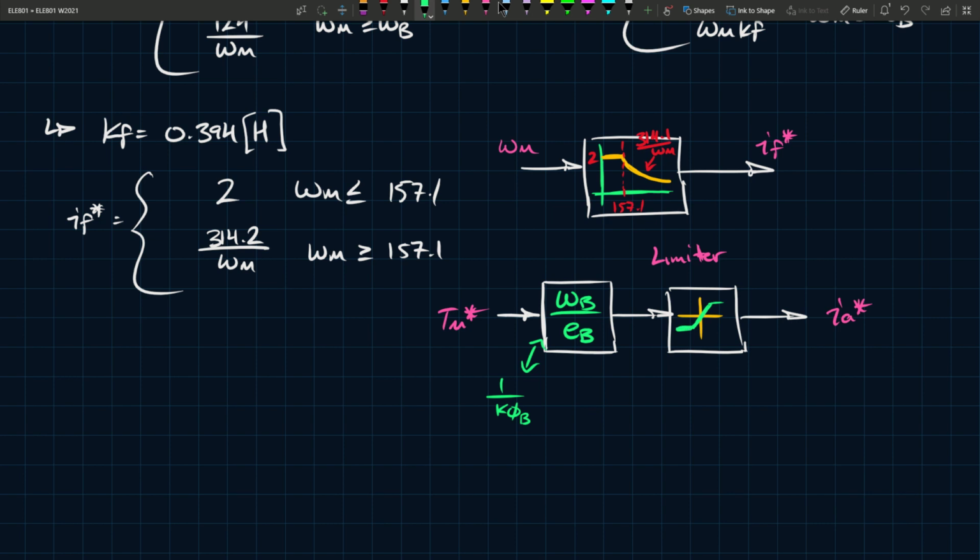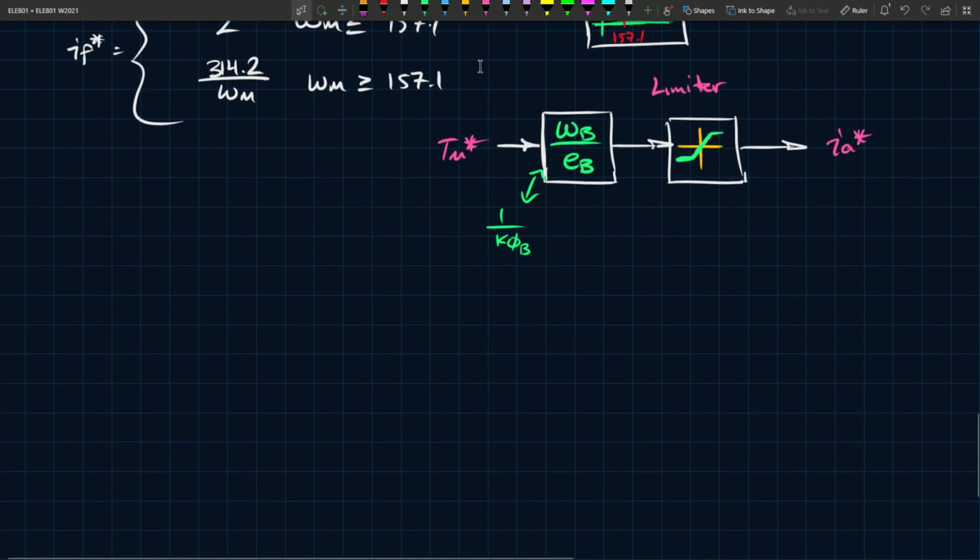Sometimes the controller might act to increase the armature current so as to increase the torque, and we'll see later in this example that the reference torque you're trying to provide is not achievable under the set of conditions. The only way to do so is by increasing the armature current, which results in a higher current through the machine, and it may burn or damage the machine in some other way.